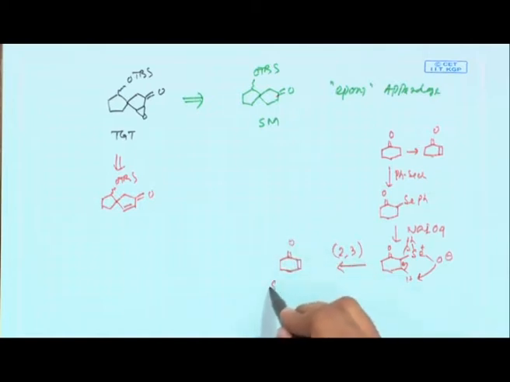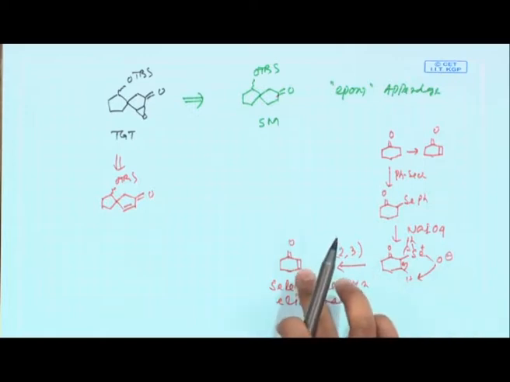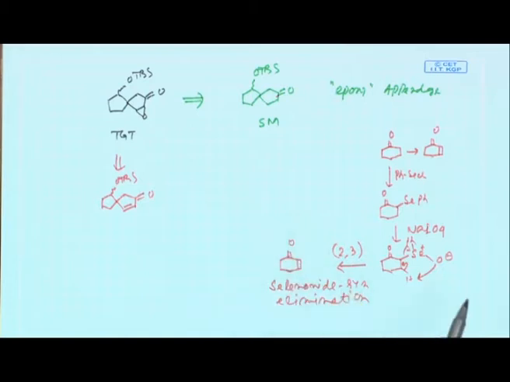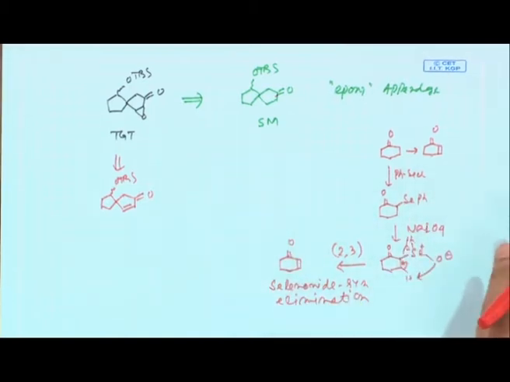It is called selenoxide syn elimination, and this is one of the very well known methods to introduce an alpha beta unsaturated double bond adjacent to the carbonyl group. In addition, you can do it by other ways also.